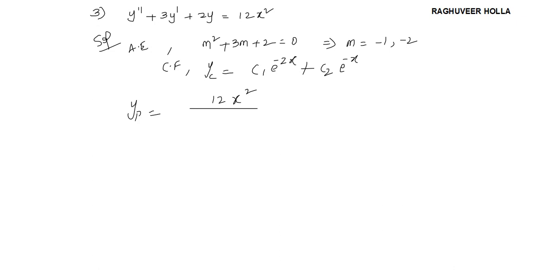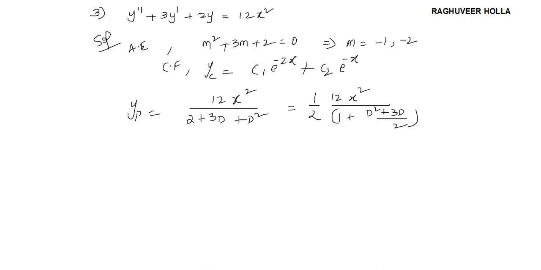let me rearrange this here. I can write this as 2 plus 3d plus d square, right? So if I take 2 from the denominator, you have 12x square in the numerator and I can write this as 1 plus d square plus 3d divided by 2.